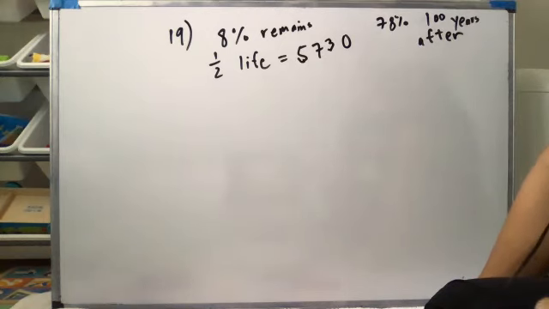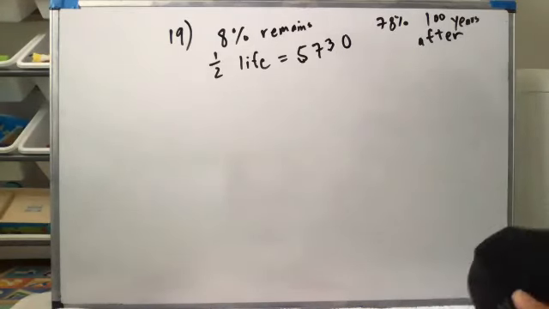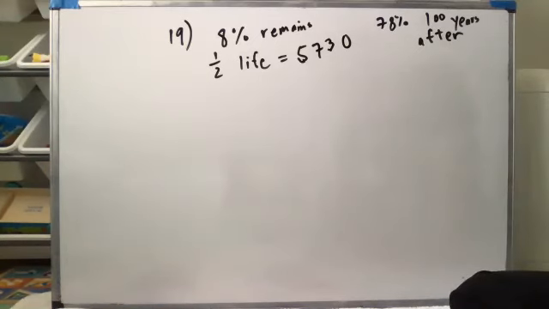So I think number 19 uses information from number 18. It's basically 18 with a different percentage. I'm just confused about the wording, because it says half-life is 5,730 years, but then 78% after 100 years.